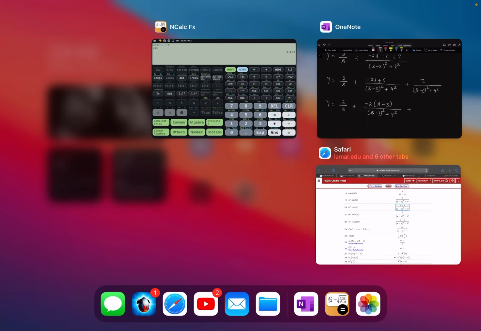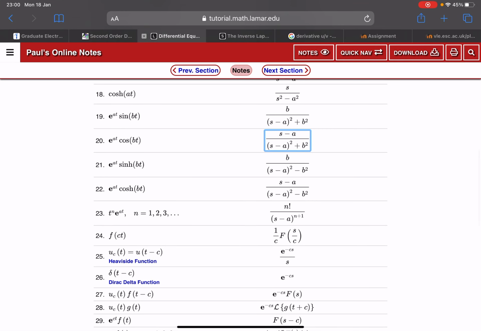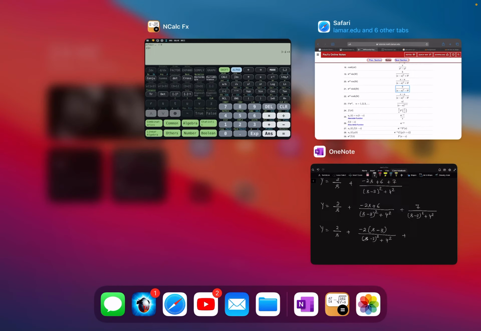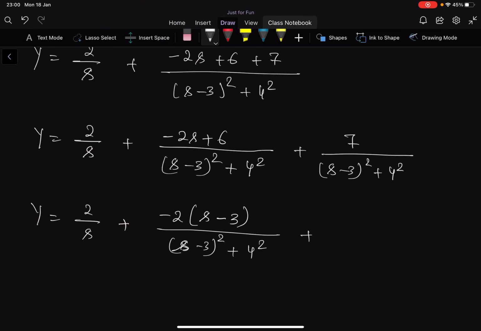And the same thing we can do here as well. If you look at formula number 21, we just need b on top, which means we make the value of b on top, and that's not going to be hard in this case because we just need 4. So 4 on top, over (s minus 3) square plus 4 square, but we don't have 4 on top, we have 7. So we can multiply by 4 and divide by 4.